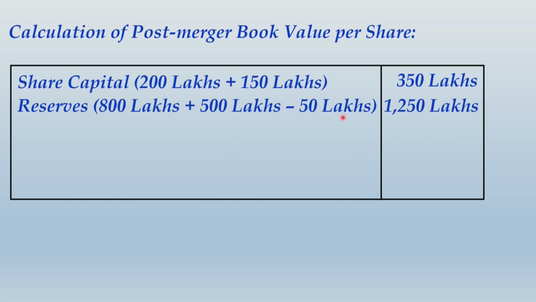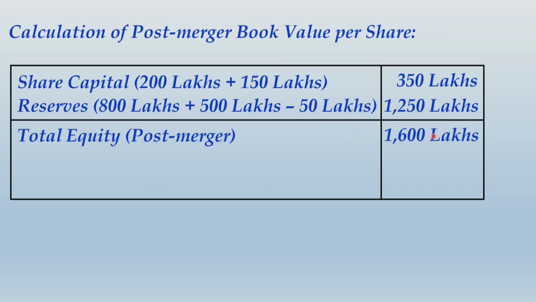And one thing you should be very clear with, as there are no synergic effects, the overall net worth before merger and after merger will be the same, because we are still considering nothing but the book values. So book values of assets and liabilities are never going to change. Earlier the aggregate value was 1600 lakhs. You may check the very first working note that you have made for book value per share. There the company-wise aggregate was 1600 lakhs, correct?